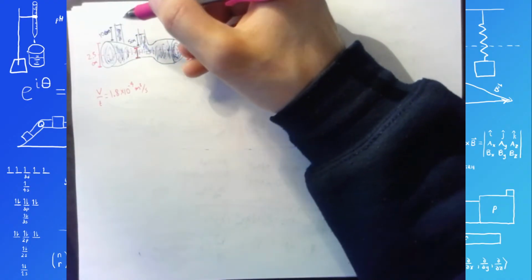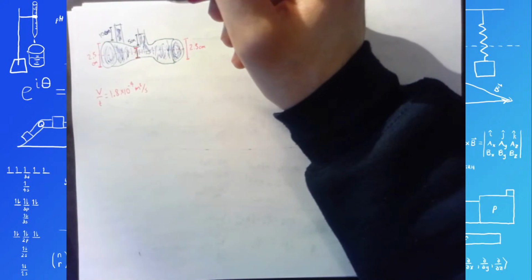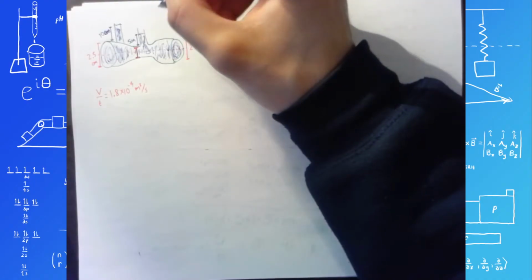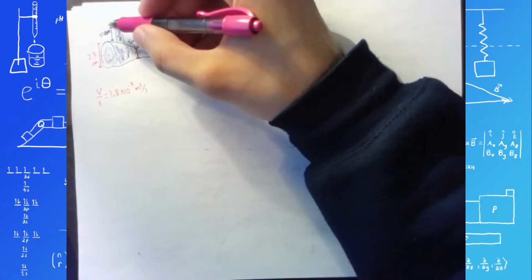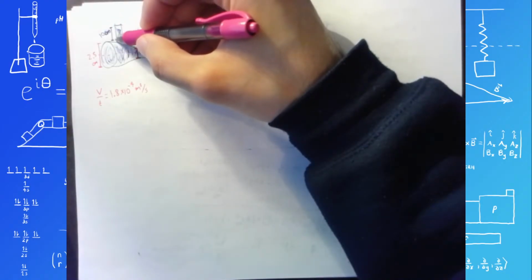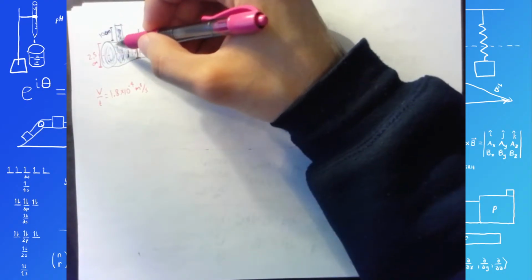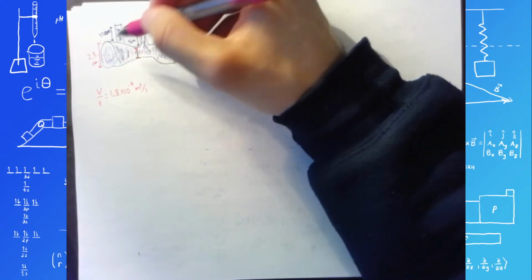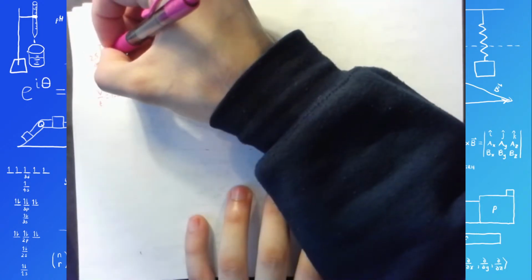Yeah, they did say it was water, so if we need to plug in the density, we can. They said this was 10 centimeters above this height, 1.25 from the center.